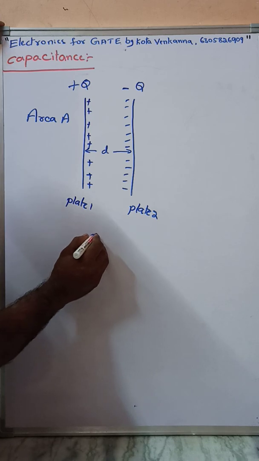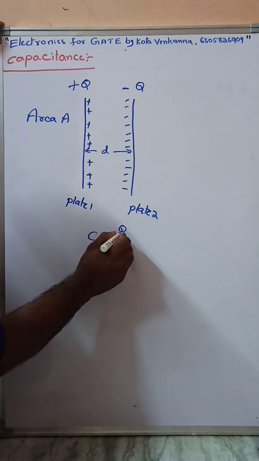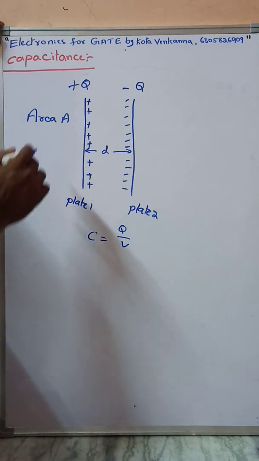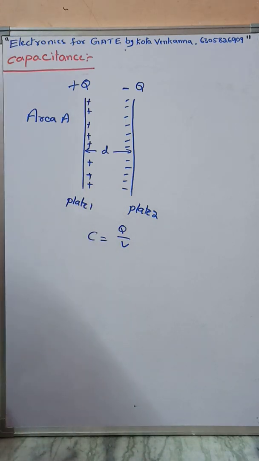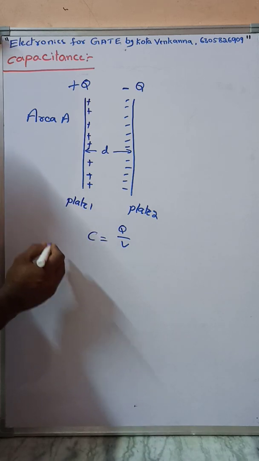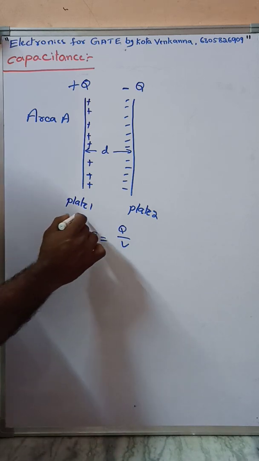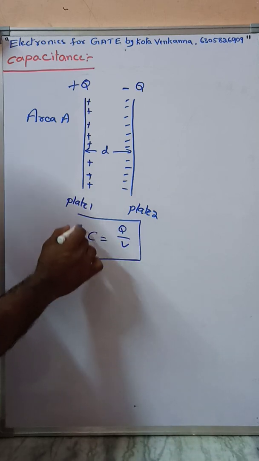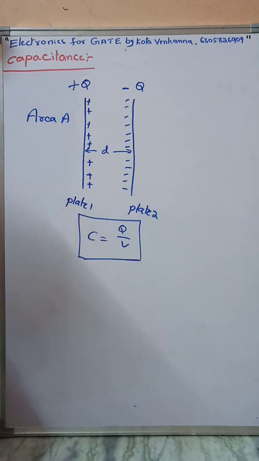Capacitance C is equal to Q by V, where Q is the magnitude of charge on the plates and V is the potential difference or voltage. Capacitors are basically of two types.